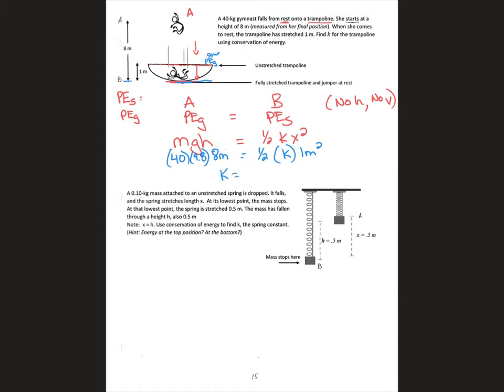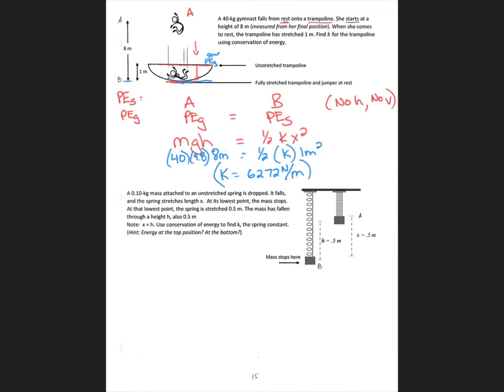So your k value comes out to be, and that's not a k of a single spring, it's for the entire trampoline, 6,272 newtons per meter. So that's how we tackle the first one, and we think about the different types of energy.